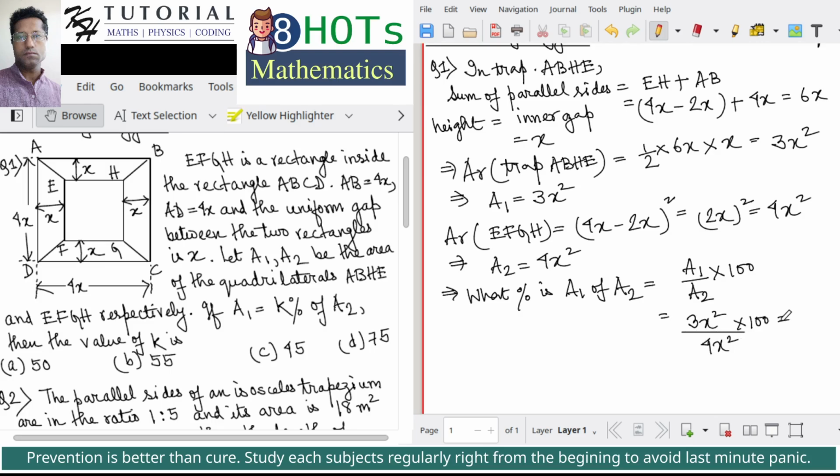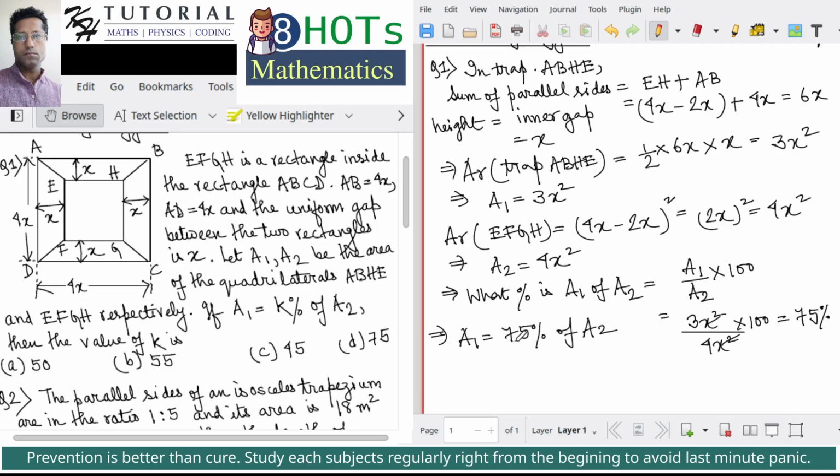So x square will cancel out, and 4 will divide 100 with 25. So this is clearly 75 percent. So this implies that A1 is equal to 75 percent of A2.